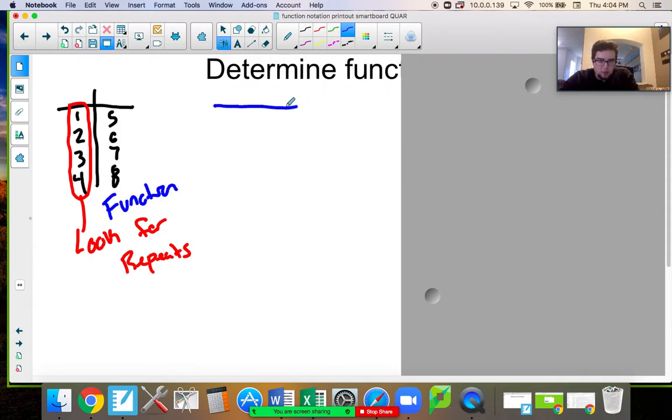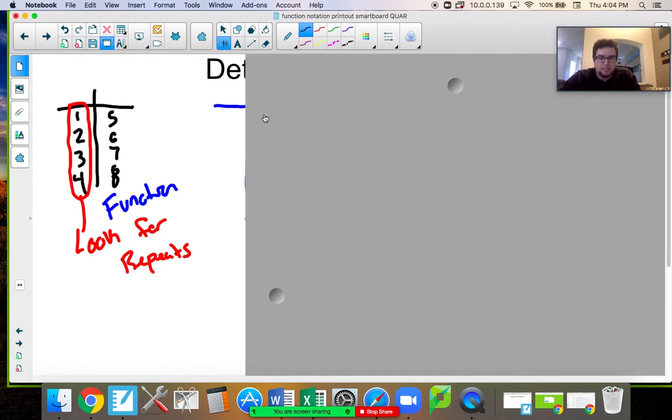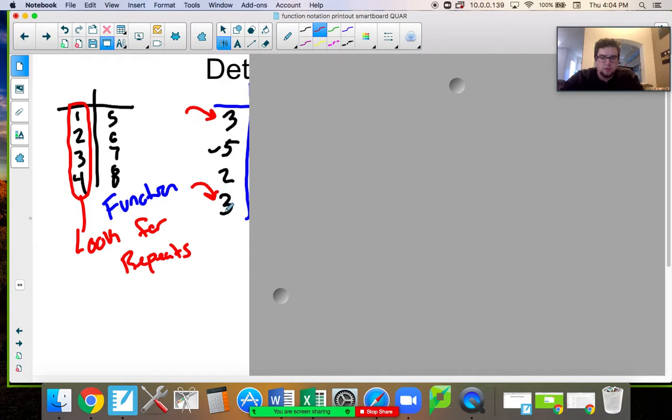So if we look at another one, again, I'm going to cover up this side because those numbers don't even matter right now. We see a 3, a -5, a 2, and another 3. Immediately, we're looking at these 3s, and we're pretty suspicious of them. What seems to be going on with them?